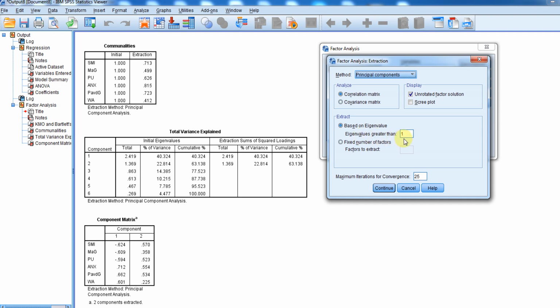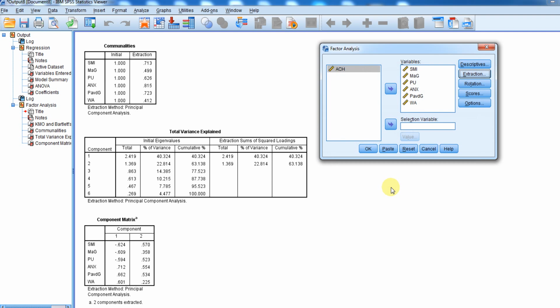And what that means in the context of principal components analysis is that we are going to retain those components that explain at least as much variation in the original set of measured variables as one measured variable. So components that explain less than the variation of a single variable are basically lopped off, and we don't utilize those. So the default is the Kaiser criterion with eigenvalues greater than 1. So you can see right here that essentially that's the default.